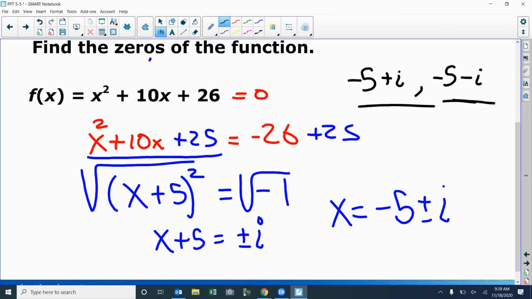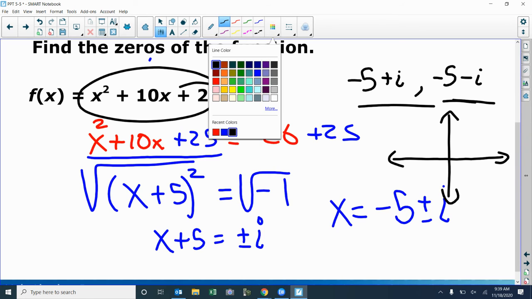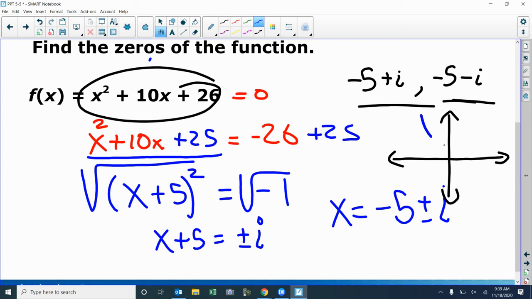Now, what's going on with this parabola? Well, if we were to graph this parabola on the Cartesian, if we had our little XY coordinate here, and we were to graph this guy, he's gonna look something like that.